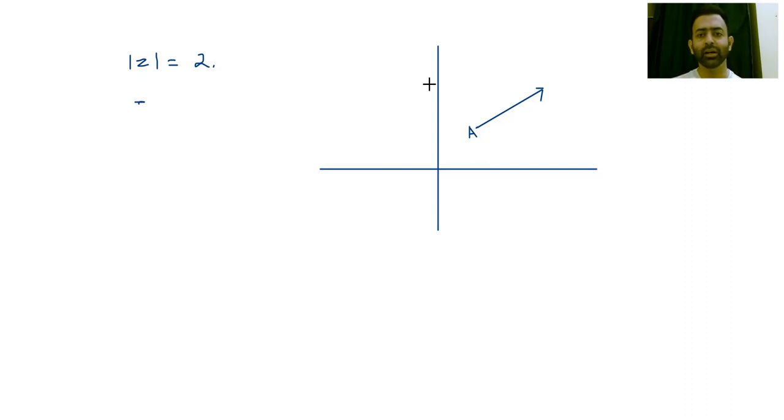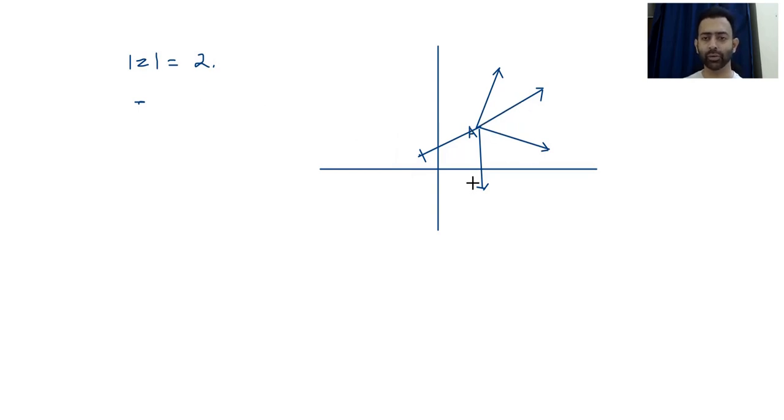It can move in this direction, it can move in this direction. Following this condition, it can move in any direction, but the condition is that its magnitude should remain 2.